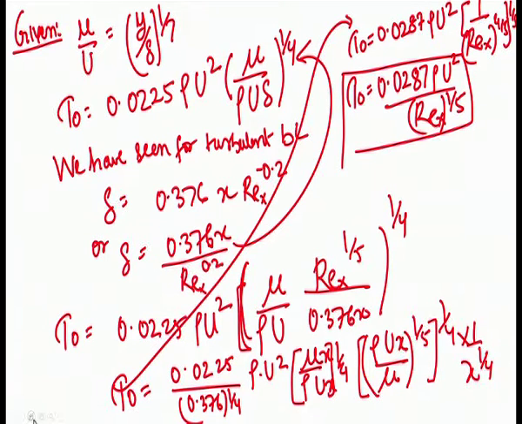Now, F_D is equal to the integral from 0 to L of tau naught b dx. If you substitute this and integrate it, we already have this tau naught in terms of Reynolds number to the power 1 by 5.